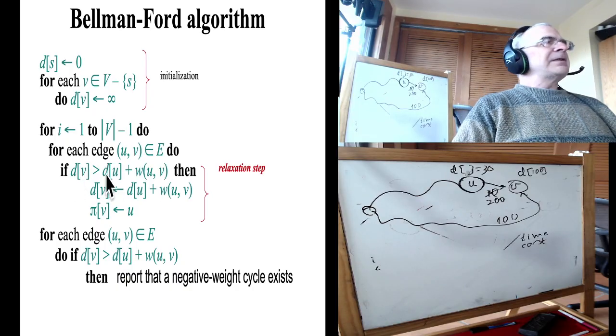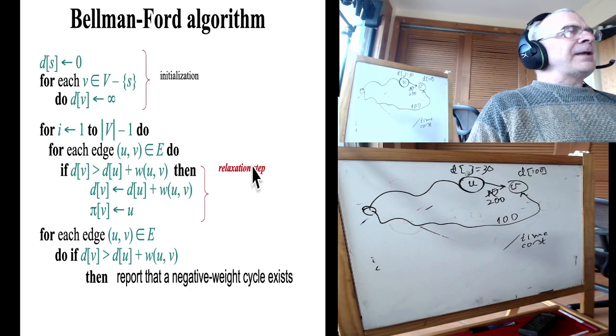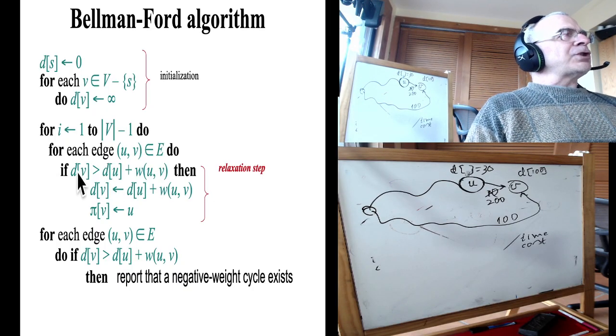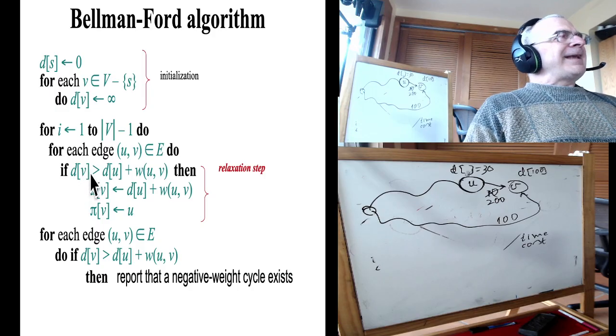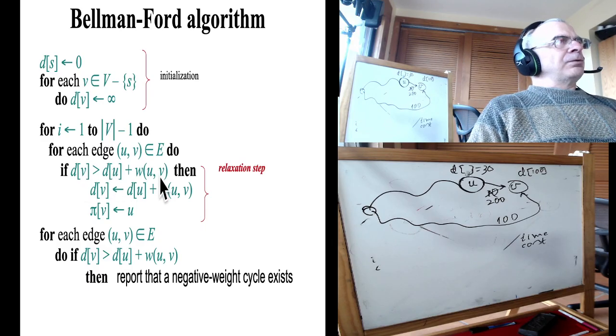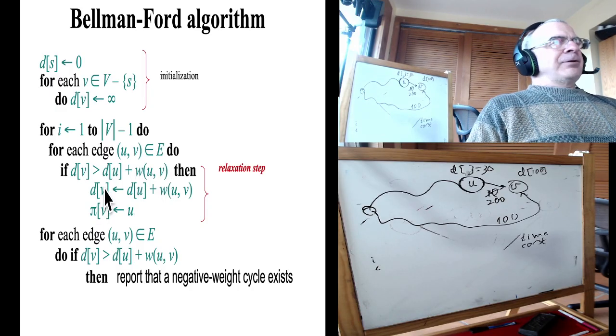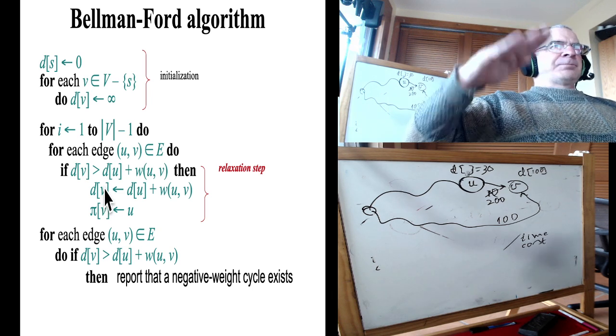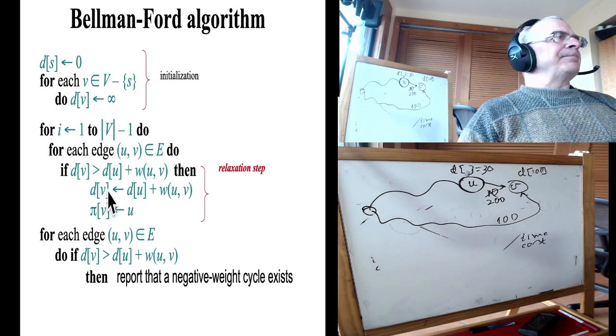So this is the famous relaxation step at which we are asking if D of V, the current cost of V, is higher than the cost that it will take us to go to U and go via the edge from U to V, then update D of V. The update is always pushing it down, always making it cheaper.